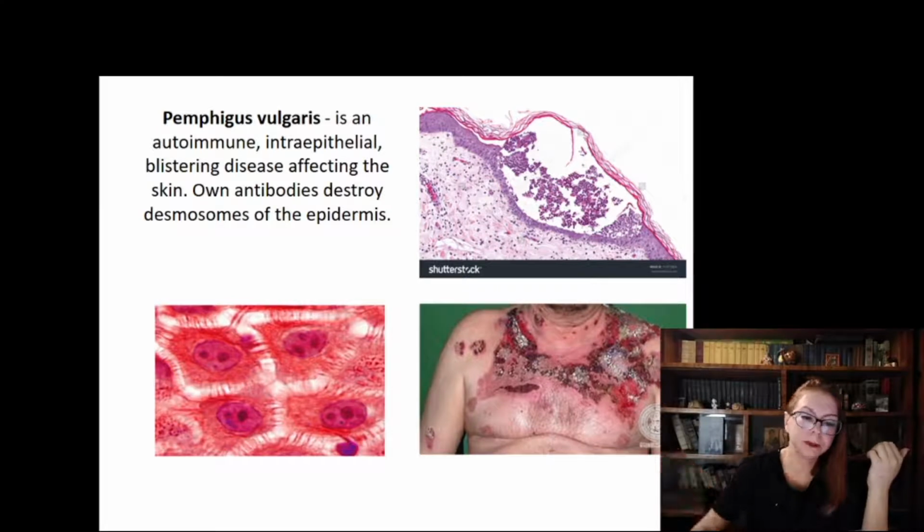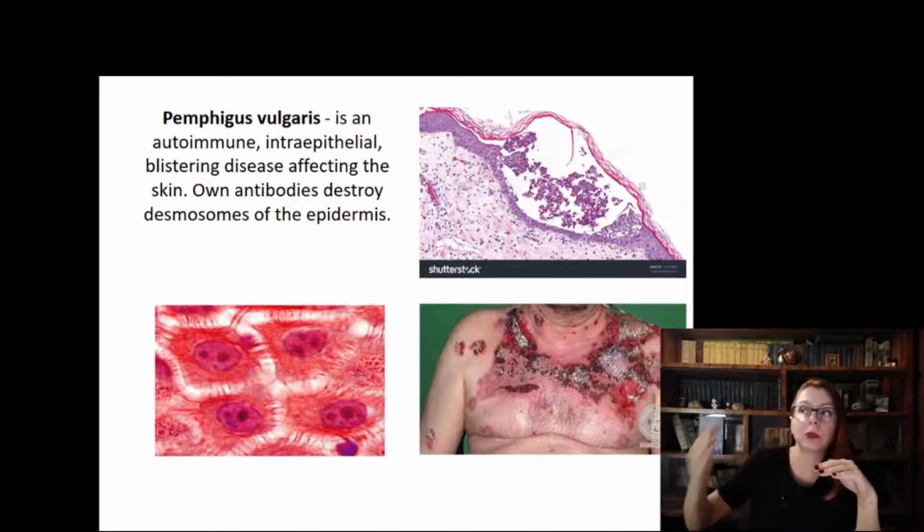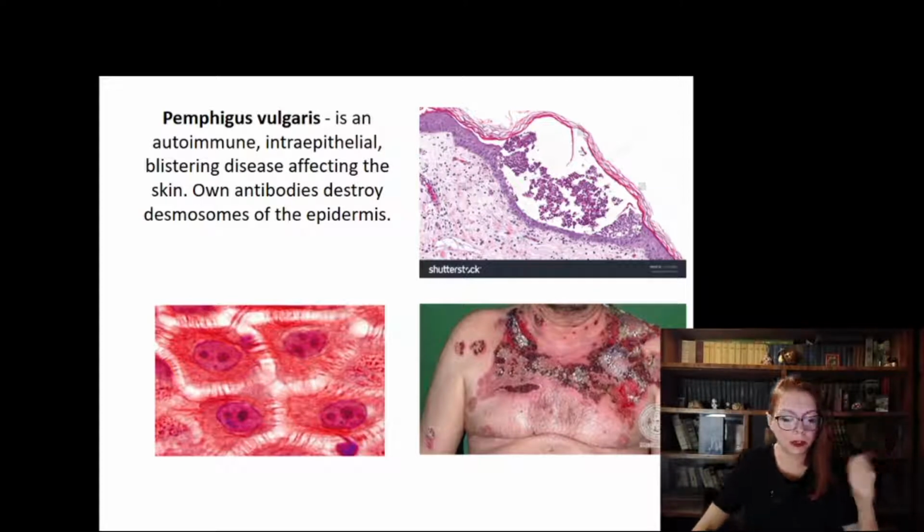So you can see that the normal function of desmosomes is to hold cells with each other. And it's very important because skin is always exposed to mechanical stress, especially in our palms and soles.